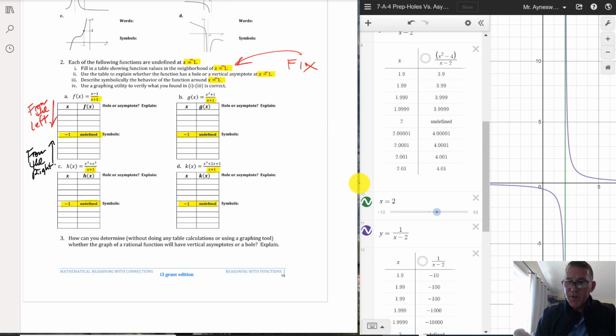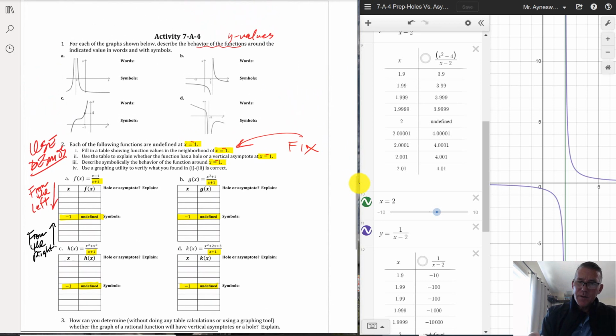You're going to use Desmos here, so let's make a little note of that. Number 2, you're going to use Desmos heavily. So number 2, use Desmos for your tables. Save all your work, and you're going to submit this.